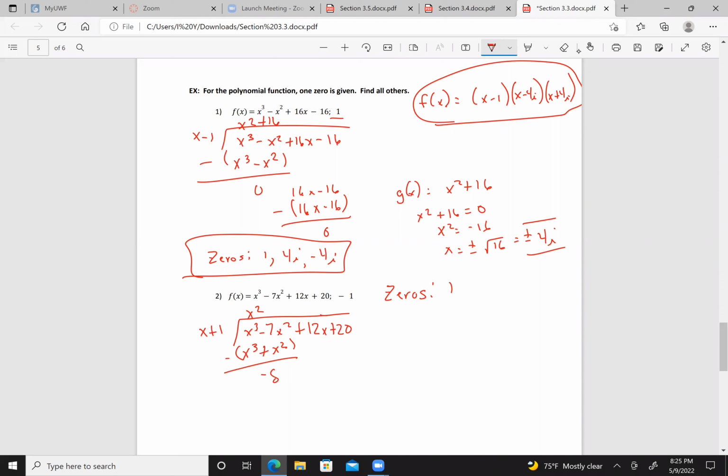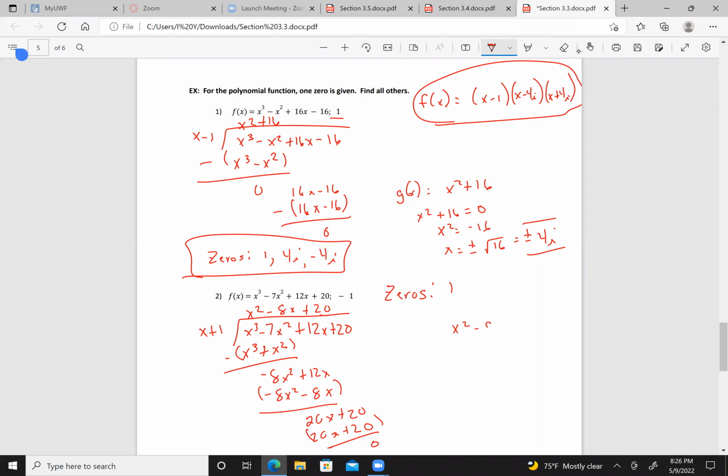Subtracting, I get negative 8x squared plus 12x. And minus 8x, which gives me negative 8x squared minus 8x. Subtracting, I end up with 20x plus 20. Okay, so I get 20x plus 20. Subtracting gives me 0.